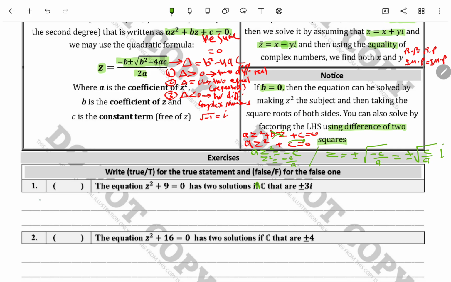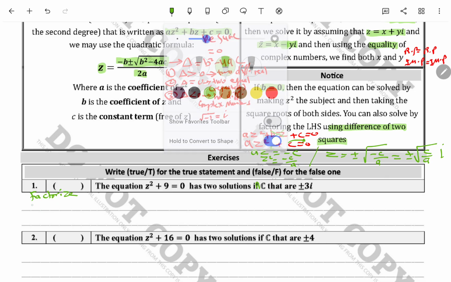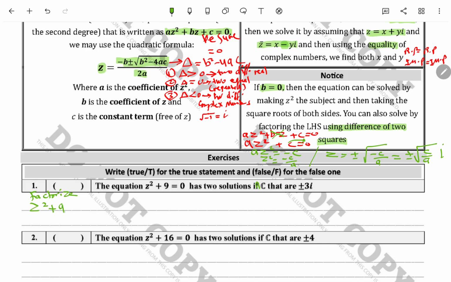The first way to solve is factorizing. So I can factorize them this way. Z squared plus 9 equal to 0 can be factorized by writing z squared minus 9i squared.